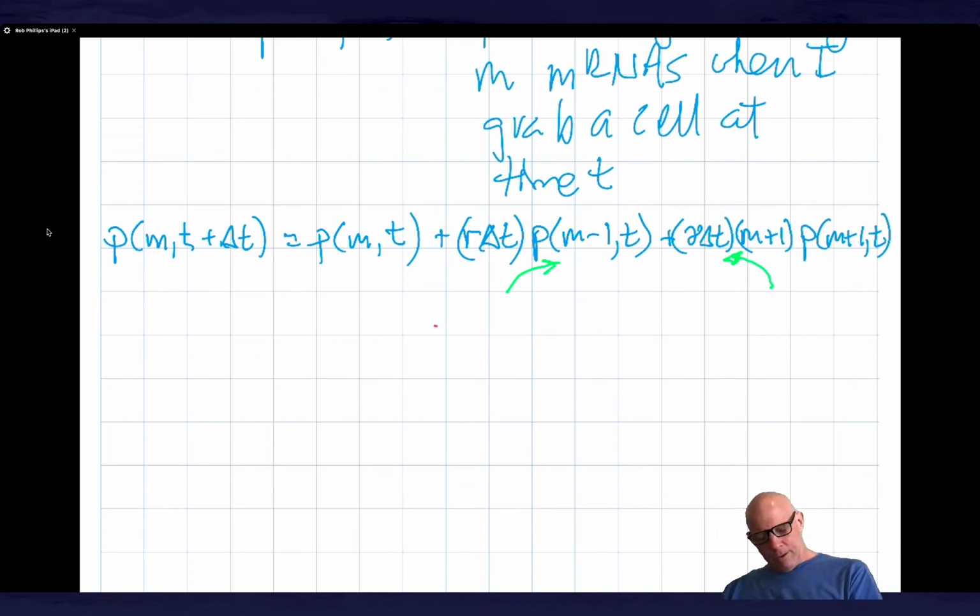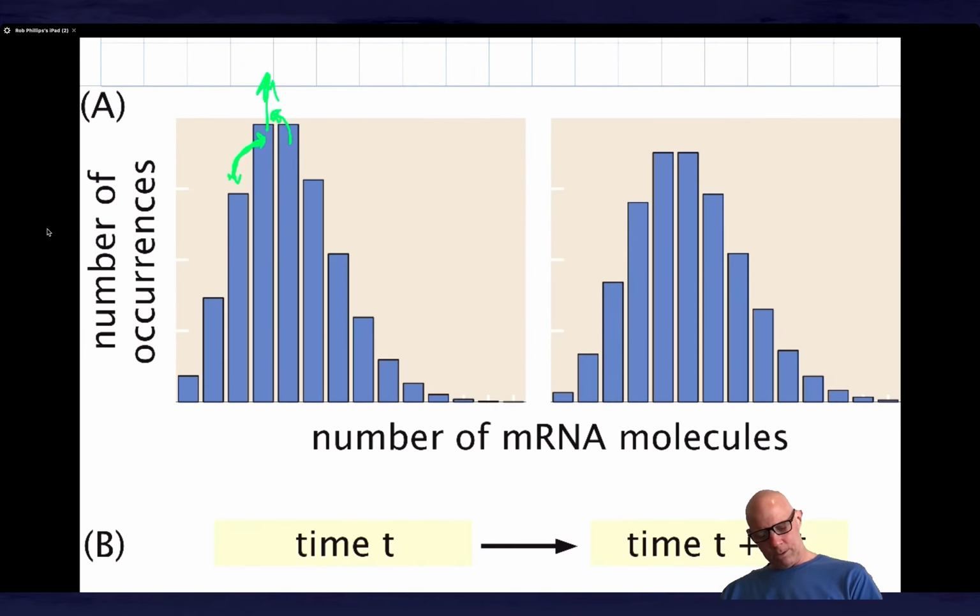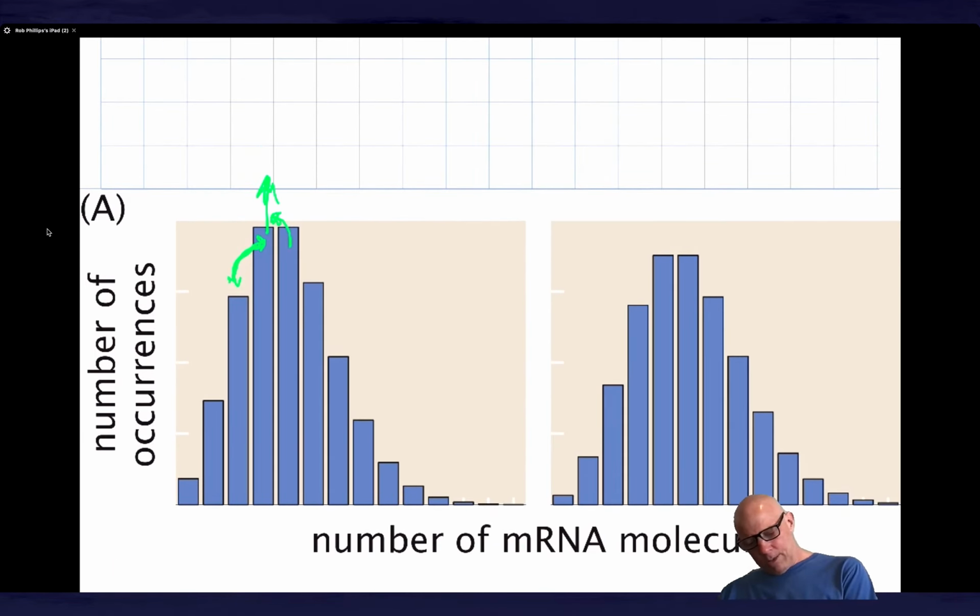And then I have a minus r delta t times P of m at t, because this is basically this arrow, which I will draw down here. So I'm in the mth skyscraper and I go to the m plus 1th because of synthesis.